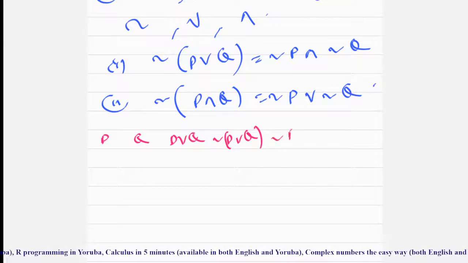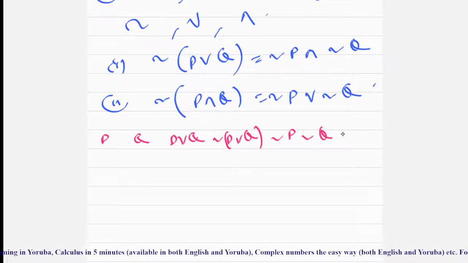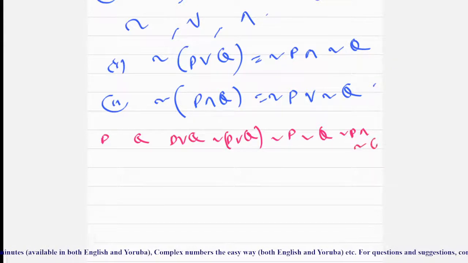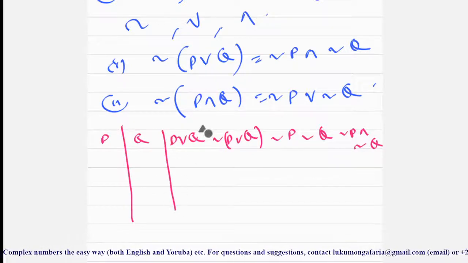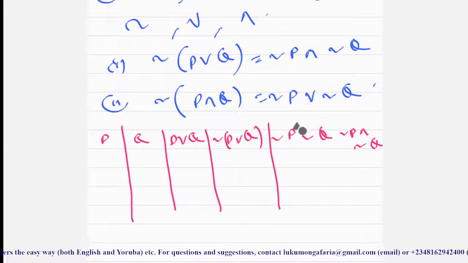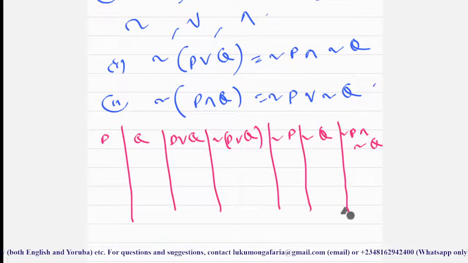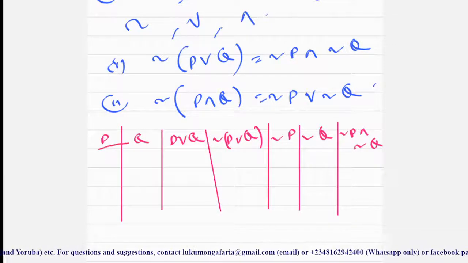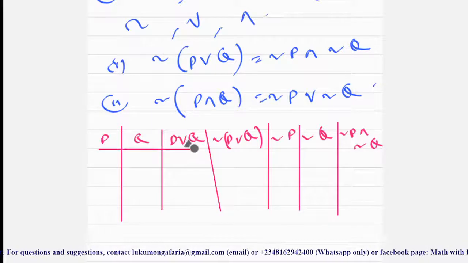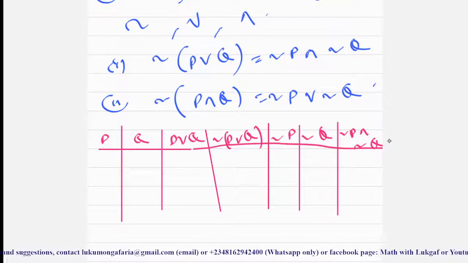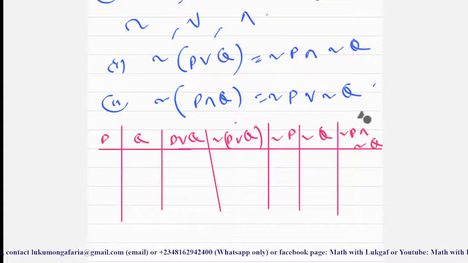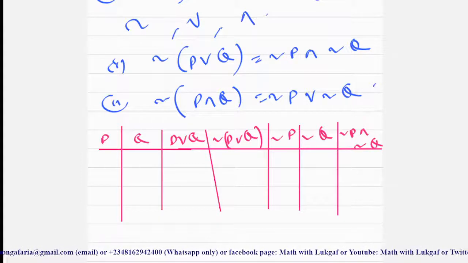Then we can have negation of P, negation of Q. Then after that, negation of P and negation of Q. So you draw it. At the end of the day, what we want to show is that this column must be equal to this column. Now let us check that.